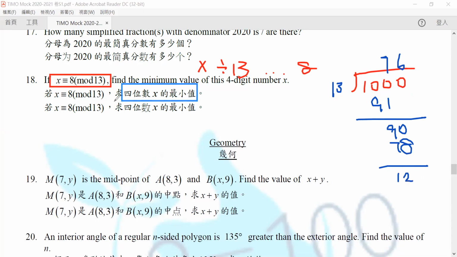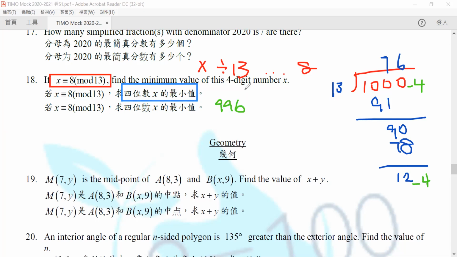So now if we want to get a remainder of 8, we need to subtract 4 from it. But oh no, if we subtract 4, then the number we get will no longer be a 4-digit number. So it would be equal to 996.